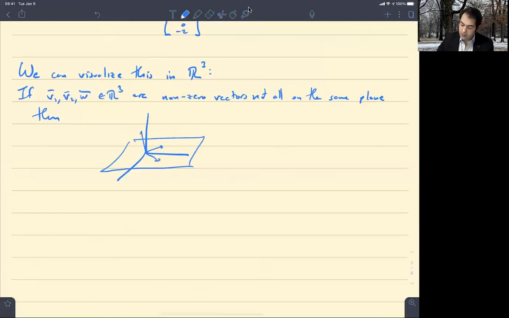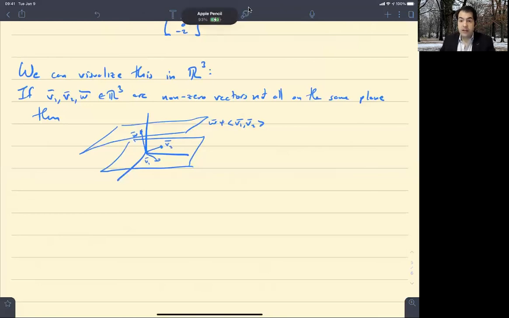W is not on that plane, so let's say W something like that, then W plus the span is going to look like this. This is W plus the span of V1, V2. Okay, so that's the picture. It's possible to draw it in R3, and then this is the visualization of what's happening in R5. Okay, so we'll stop there for today and pick it up there next lecture.